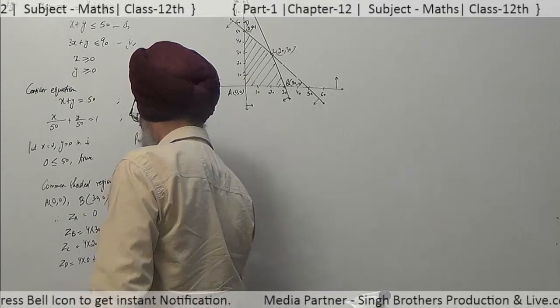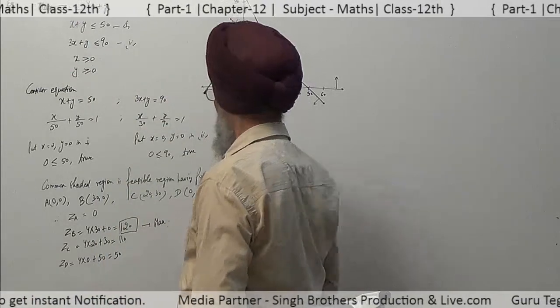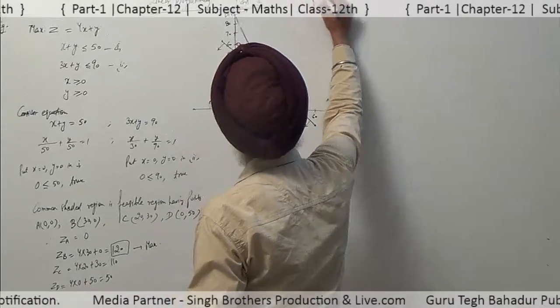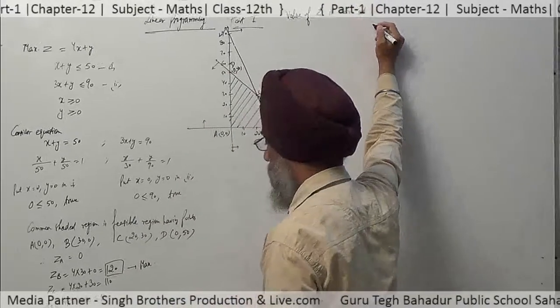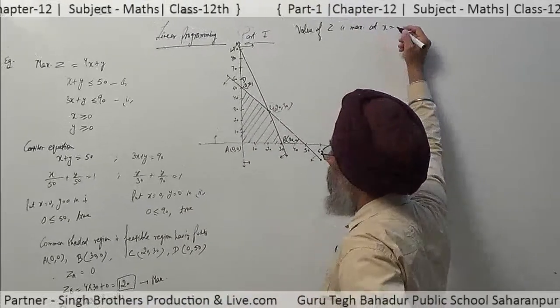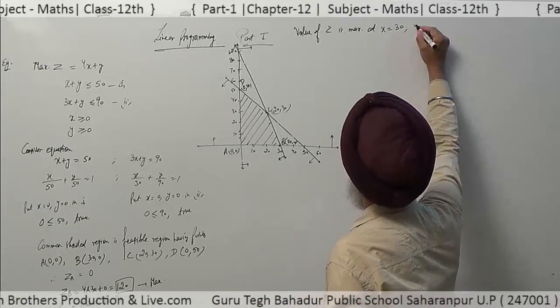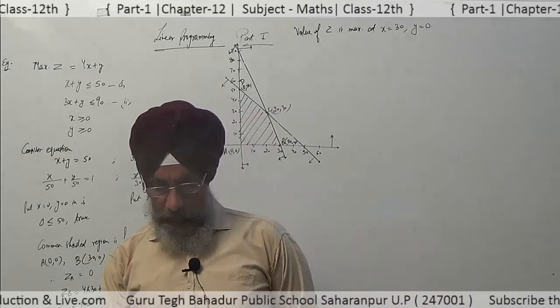So that value is maximum. You have to maximize it. So looking at the values, z is maximum at x equal to 30 and y equal to 0. In this way we can solve it.